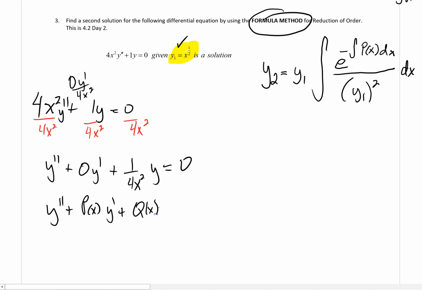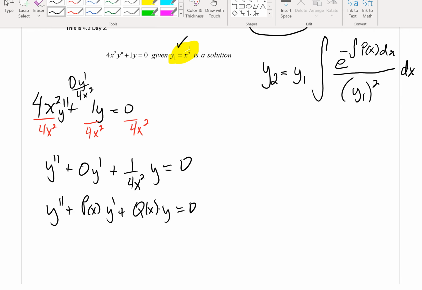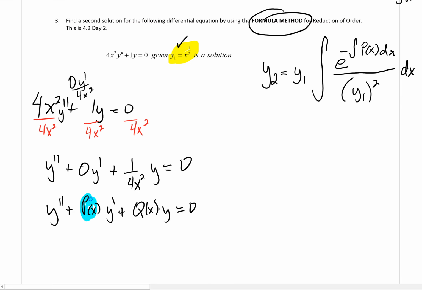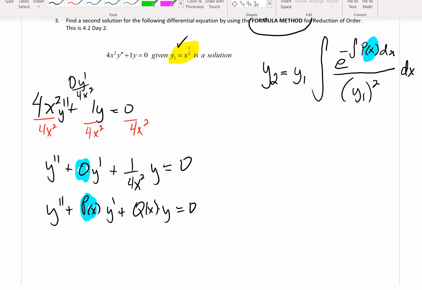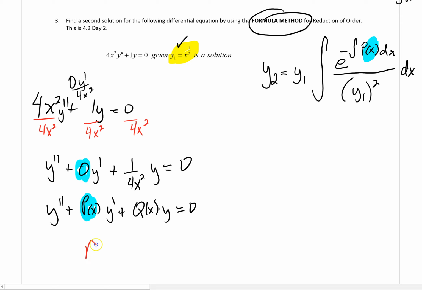Q of x is what's multiplied to y. And I definitely wanted to give you a problem like this, where p of x could be 0. And that's what it is equal to here.